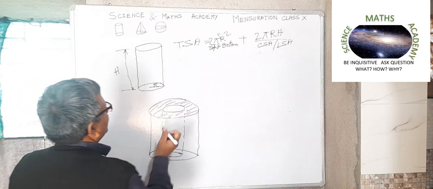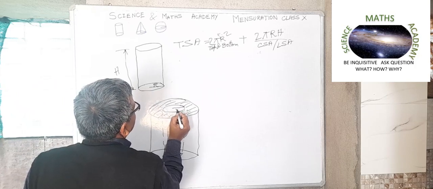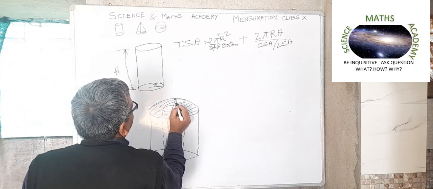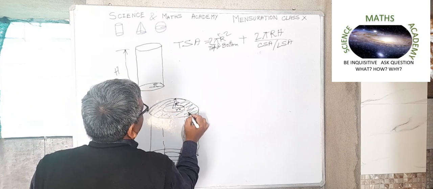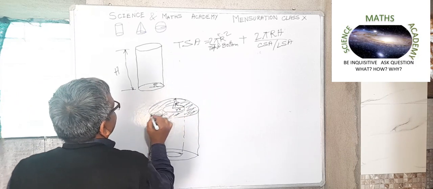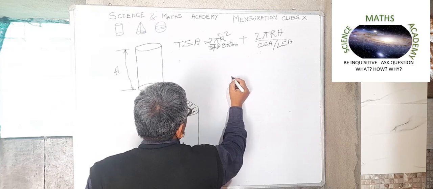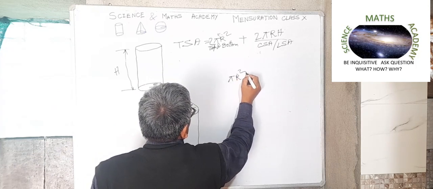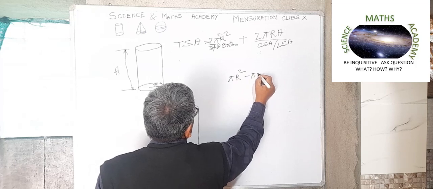Now this is small r, sir, this is capital R, sir. Now how much will this material be? Cross sectional area is pi capital R square minus pi small r square.